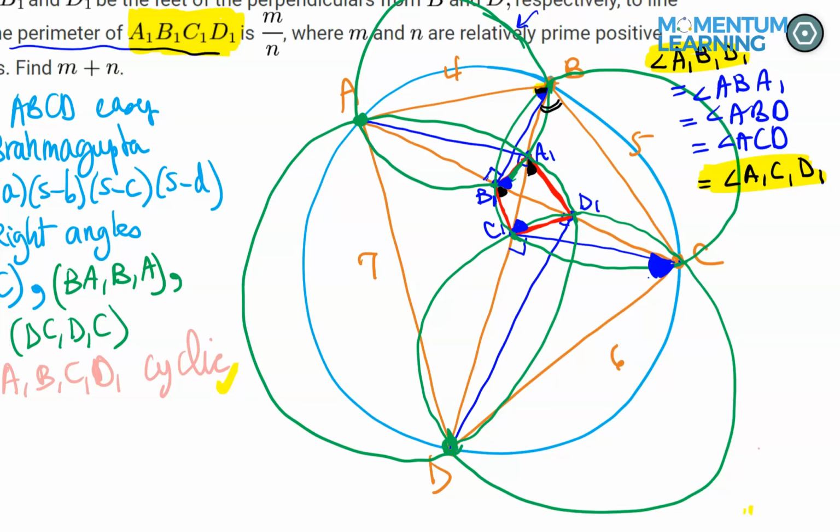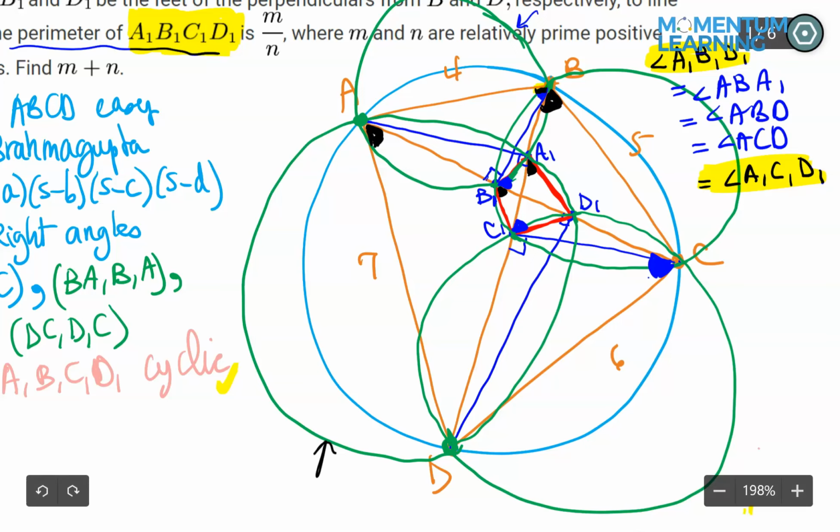But DA1D1 on that green circle, this one, is the same as DAD1. Aha. So that's also the same. But wait, DAD1 is the same as DAC. On that blue circle, DAC and DBC are congruent. Whew, all right. So now we have the two pieces of the blue angle.